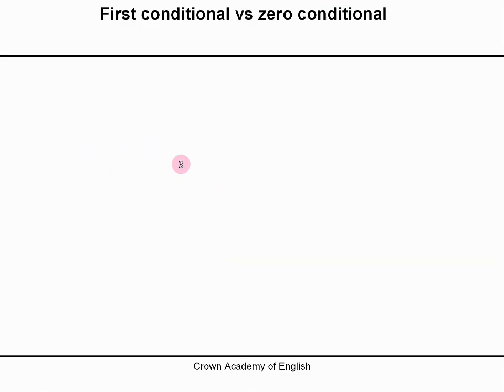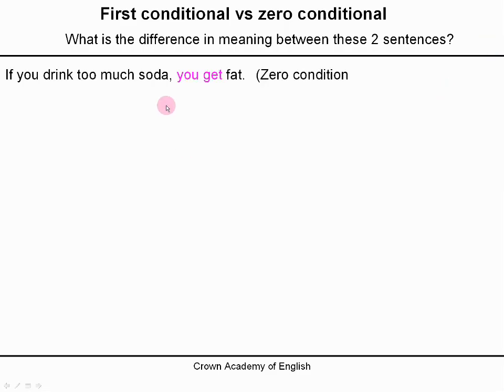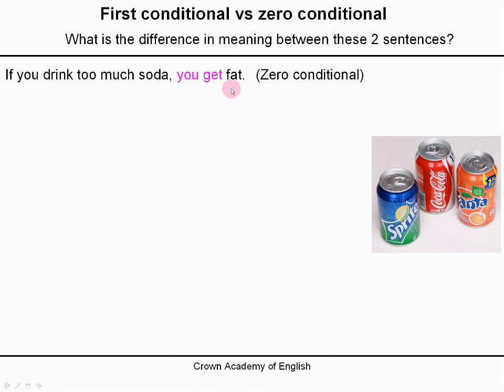Let's quickly compare the first conditional with the zero conditional, because often people get confused. So what is the difference in meaning between these two sentences? If you drink too much soda, you get fat.